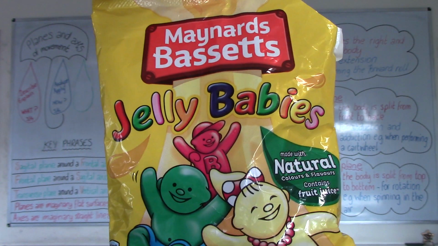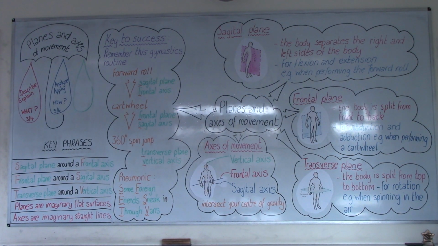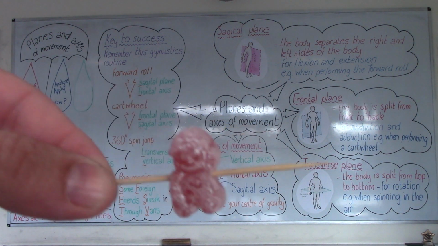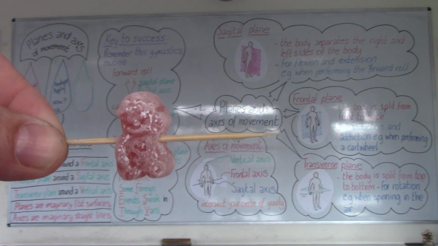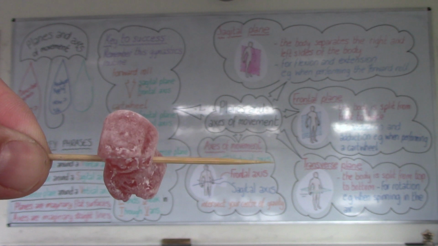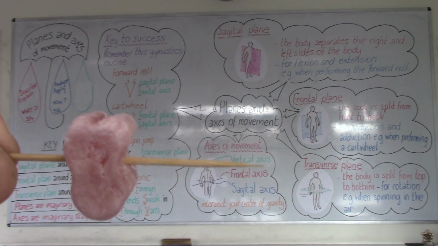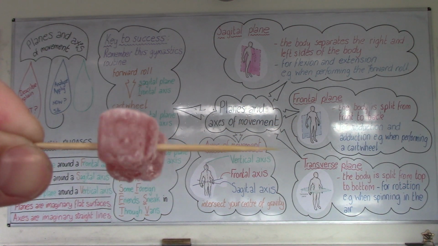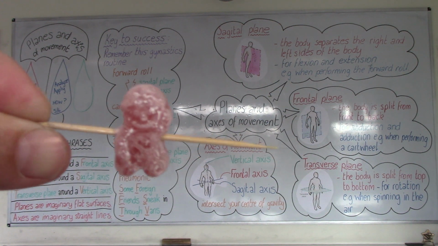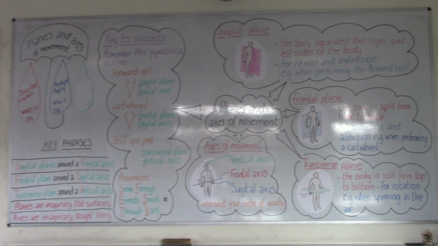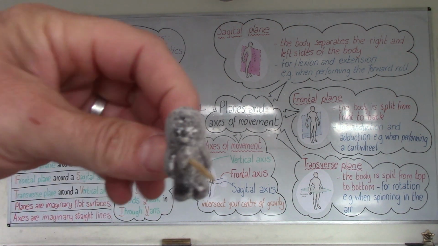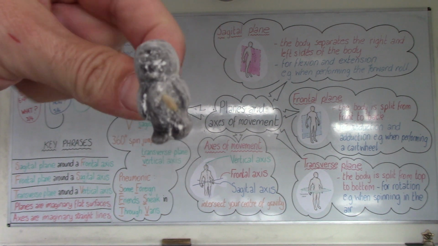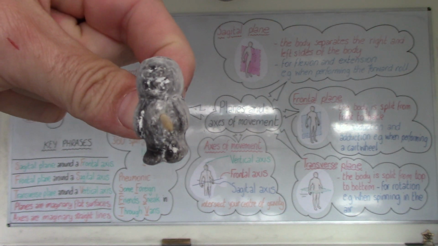By the end of this lesson, I am hoping that you're all going to understand how this red jelly baby, when performing a forward roll or a somersault, is moving on a sagittal plane around a frontal axis. And I'm hoping that you're going to be able to understand how this blue jelly baby, now it's not actually blue, is it? Because you can't get blue jelly babies, so I'm replacing blue with black.